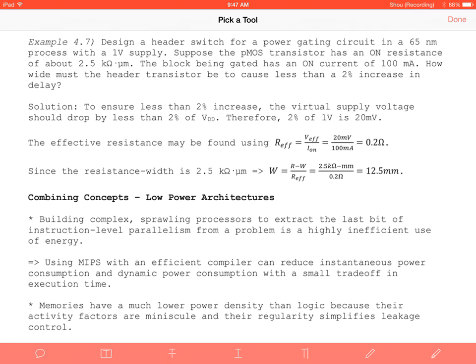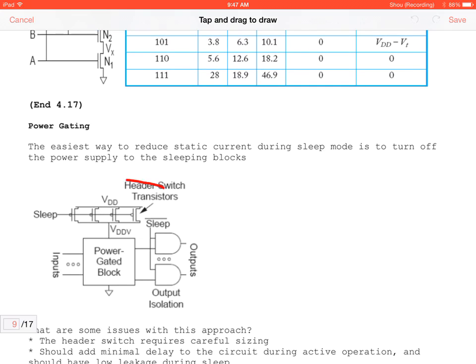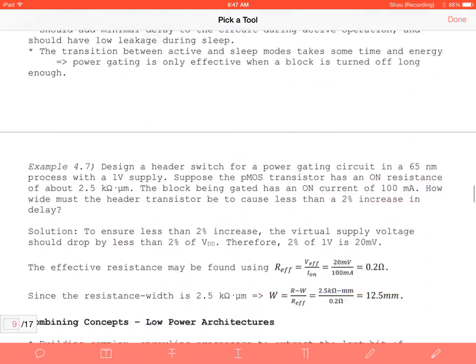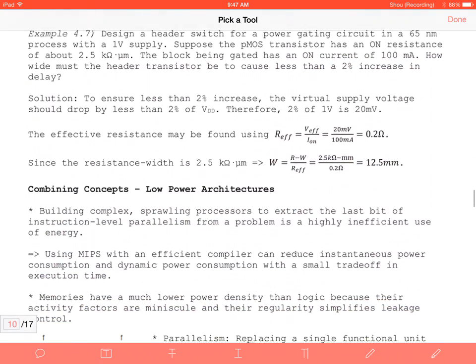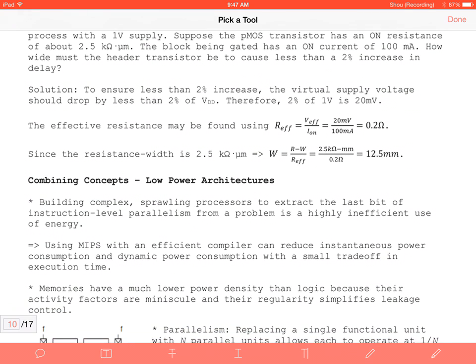This is the width that these PMOS transistors need to be in order to meet this design constraint. Does that make sense? Let a couple people finish writing up, and then we'll go to a combining concept.